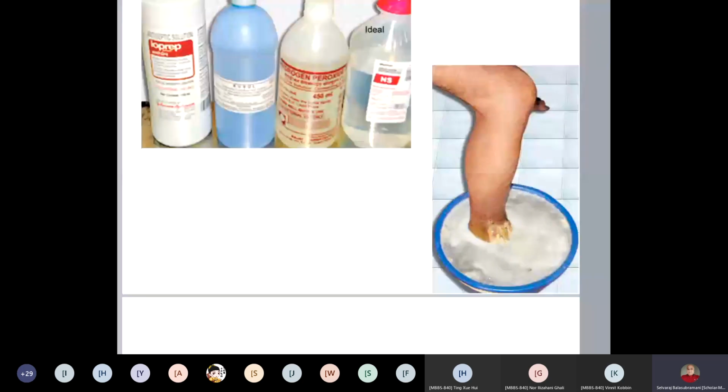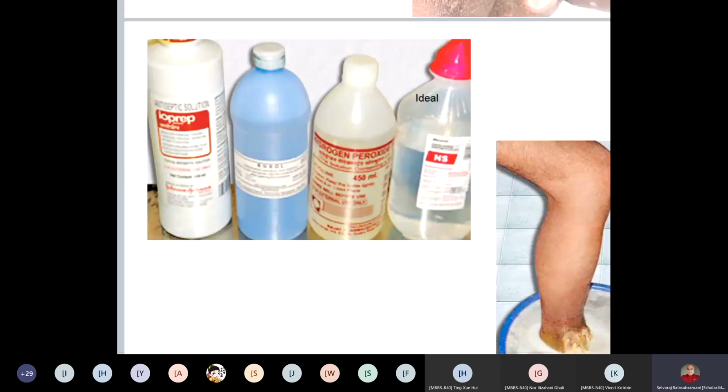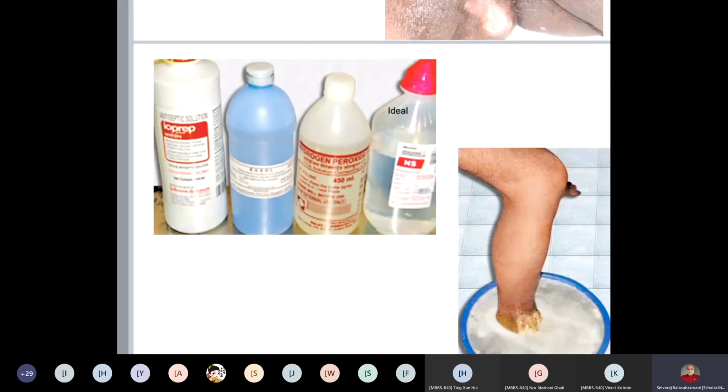And finally, you have to clean it with ioprep, povidone iodine, and you can soak your gauze with the ioprep and do the wet dressing. For an ulcer, you have to do only wet dressing.